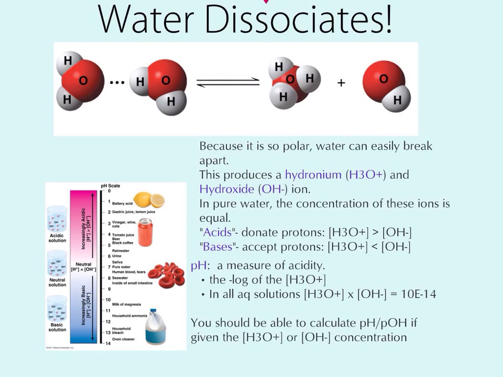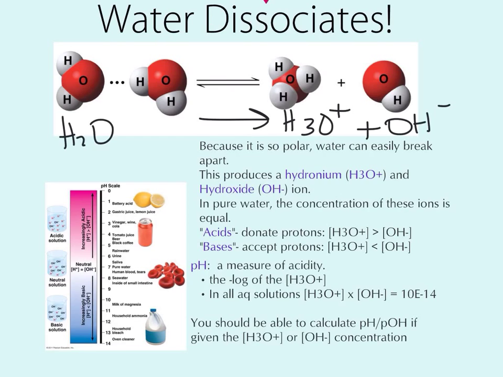Okay, so back to dissociation. Again, this is going to be important for your CO2 lab because this is where pH and buffers and stuff come up. So this is the dissociation of water. You might want to either sketch the picture or you can write out the reaction, which would be H2O giving you H3O plus and an OH minus.